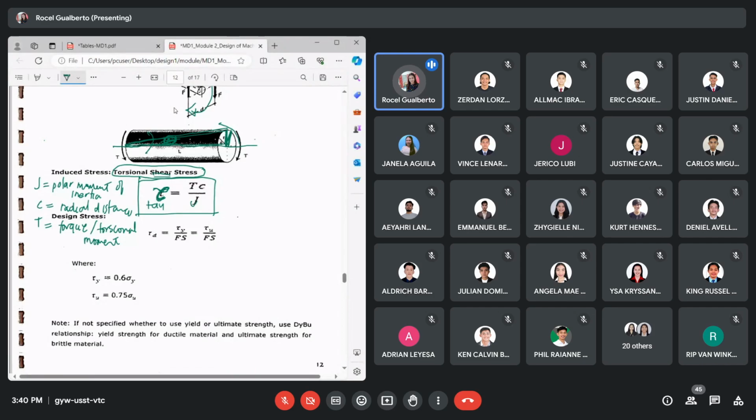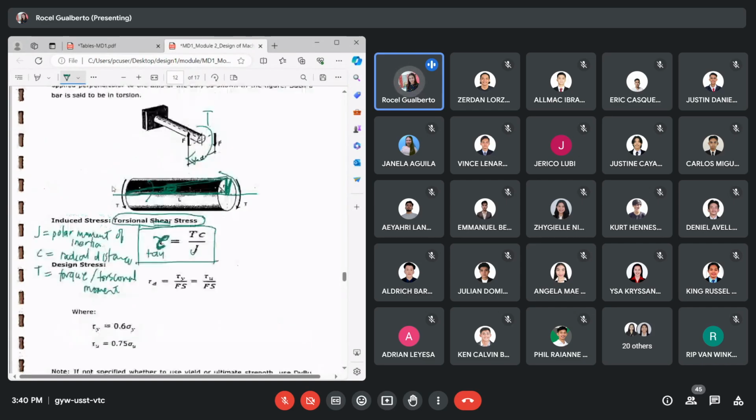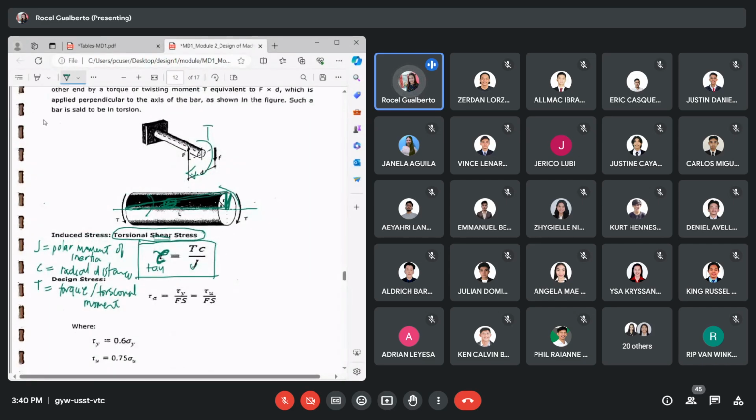But then there are other ways on how you could obtain din po yung value ng torque aside from force times the radius. Now, unahin muna po natin is the value of the polar moment of inertia. Say for example po, we have a solid circular cross-section, a solid shaft having a diameter D. Yung J po for solid is simply pi D to the fourth divided by 32.